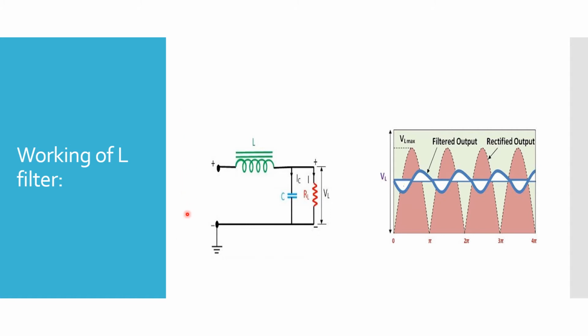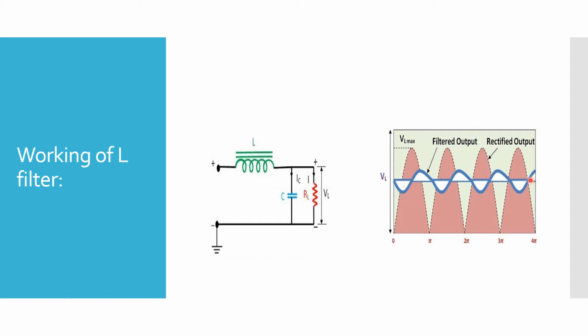It may be half wave, full wave, most probably a full wave or bridge rectifier, whose output is indicated by this, which is connected to the filter. This rectified output from the rectifier is then filtered by this LC filter, and the output across this RL, that is VL, will be this.